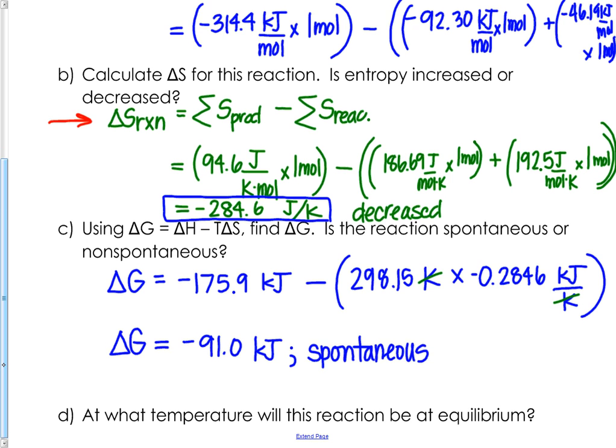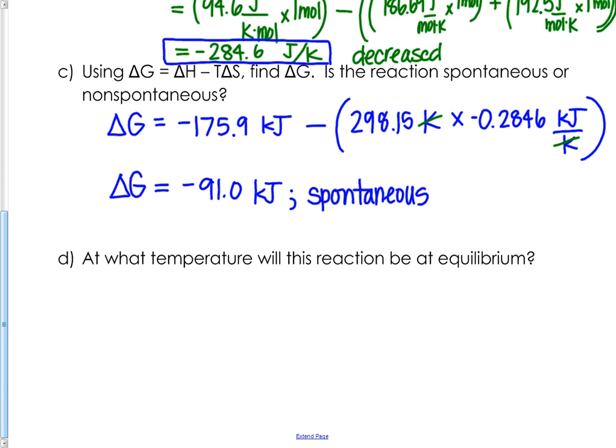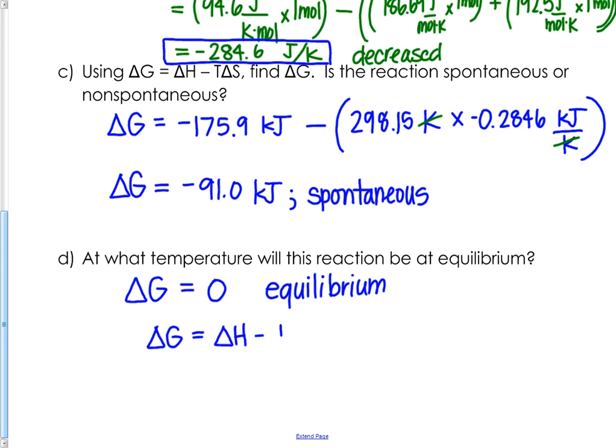Now, the last part of this question says, at what temperature will this reaction be at equilibrium? Now, the question is, when is equilibrium going to occur? Well, we should remember that when delta G is equal to 0, the reaction is at equilibrium. So we're going to take our equation, delta G equals delta H minus T delta S, and we're going to set delta G equal to 0.